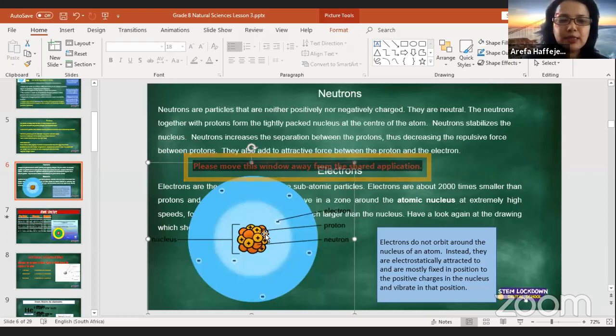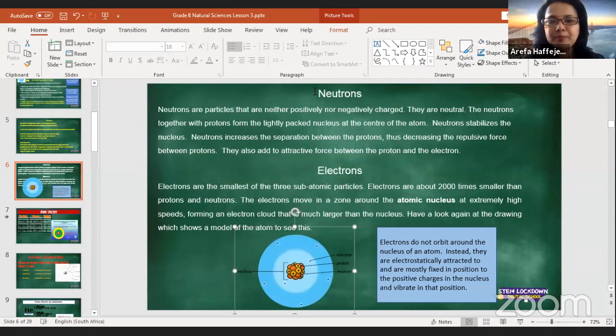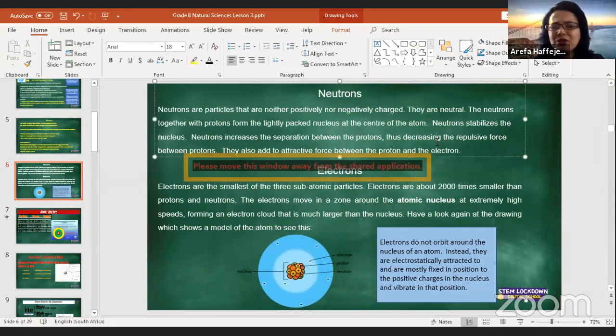So in this nucleus, we have the protons and the neutrons. They are tightly packed together. Now you can ask yourself, what's the function of the neutrons? Because basically you have a proton and you have an electron, and these two attract each other. Why must we have neutrons in the nucleus of an atom?